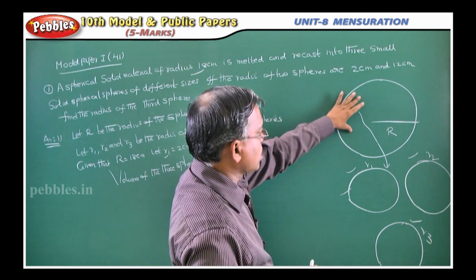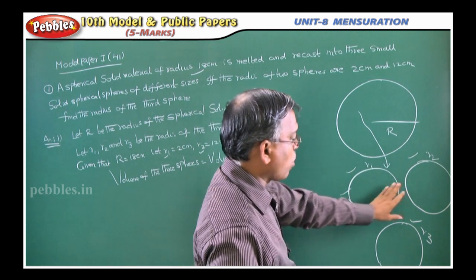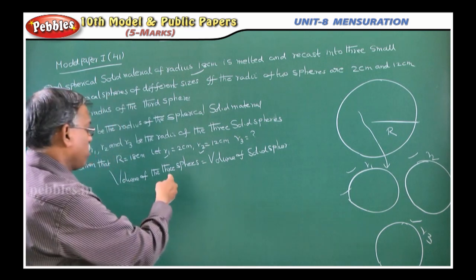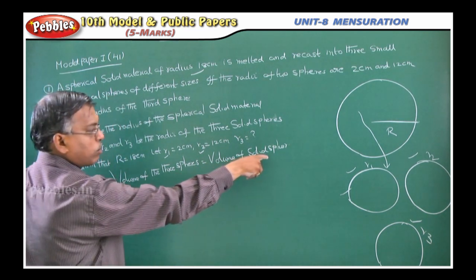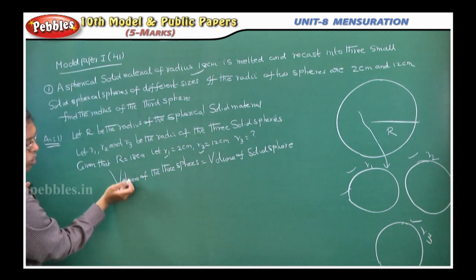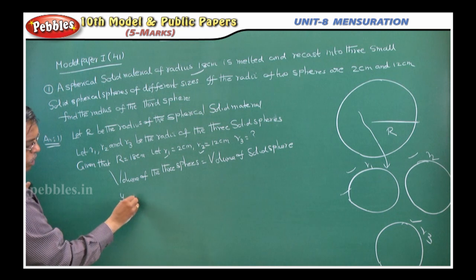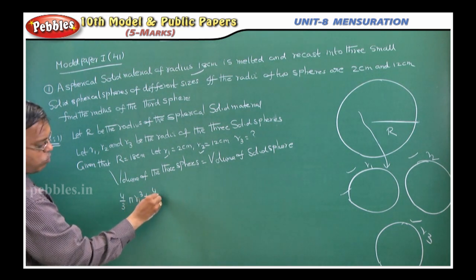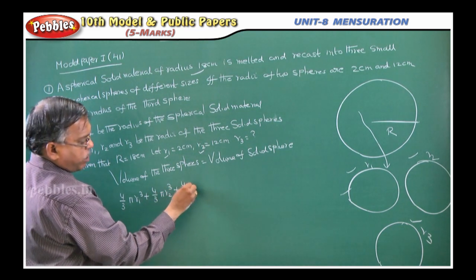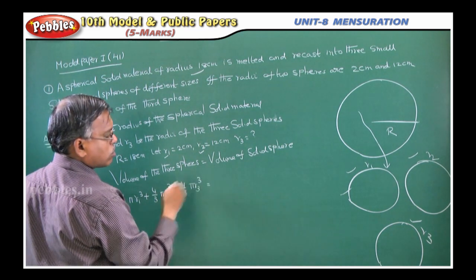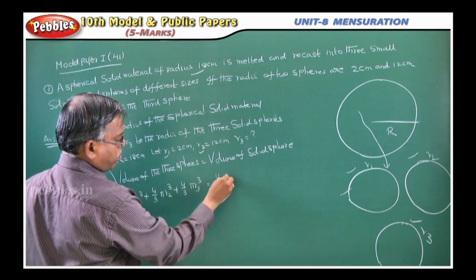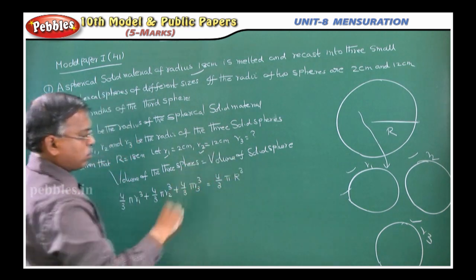So the volume of the bigger sphere is equal to the sum of the volumes of these 3 small spheres. That's why volume of the 3 spheres is equal to volume of the solid sphere. What is the volume formula? 4 by 3 pi r1 cube plus 4 by 3 pi r2 cube plus 4 by 3 pi r3 cube is equal to volume of solid sphere, 4 by 3 pi capital R cube.